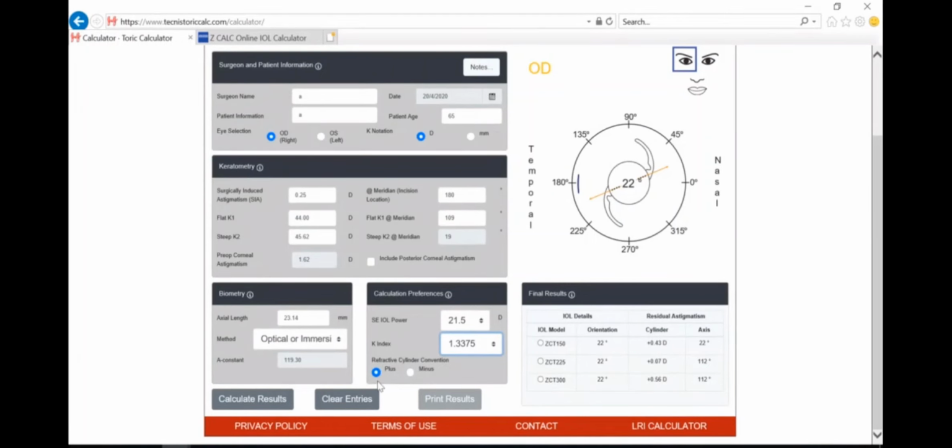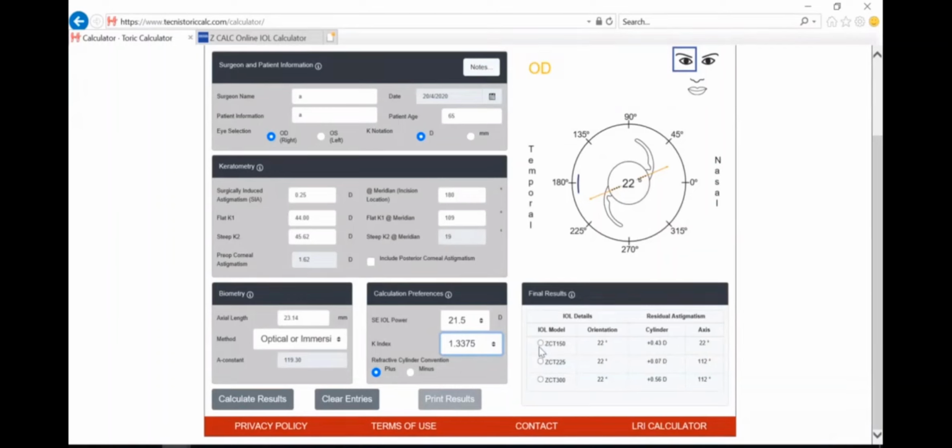In this case, I chose plus cylinder, so it shows me the results in plus cylinder format here. As you can tell, the correction of the astigmatism using ZCT 150 or ZCT 225 gave you the closest results to what you want to achieve.